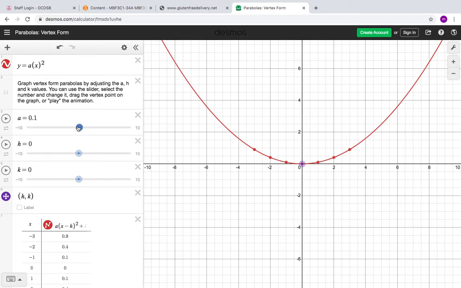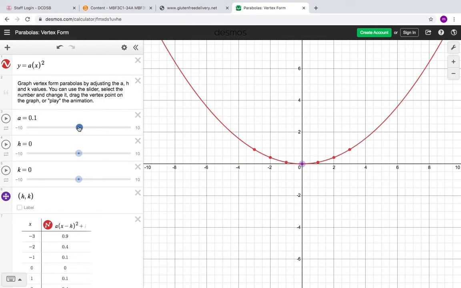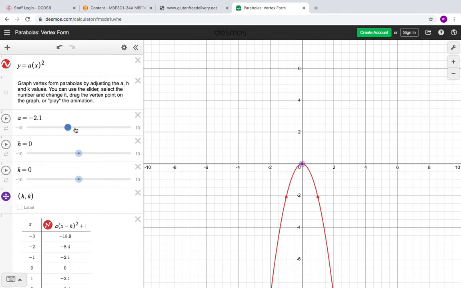Now, what happens if I go to the negative? Obviously, a cannot be 0, because then there won't be a quadratic function. So I'm going to start from -1.